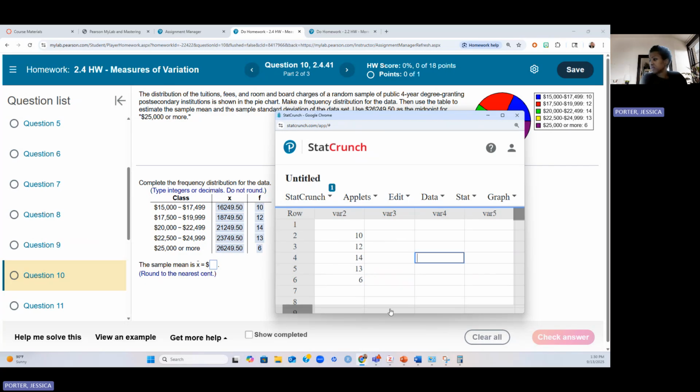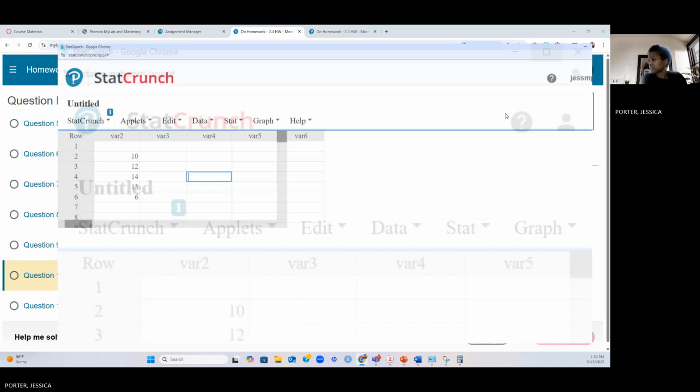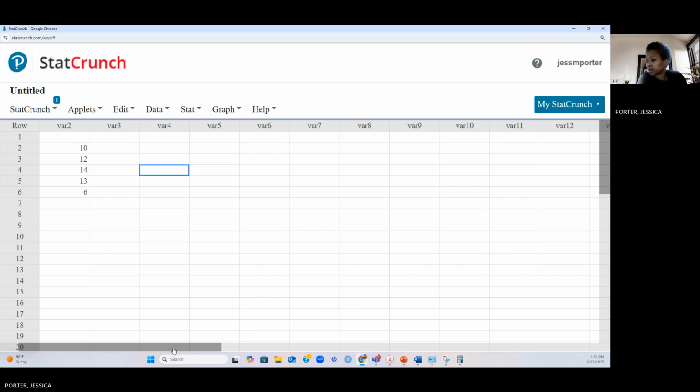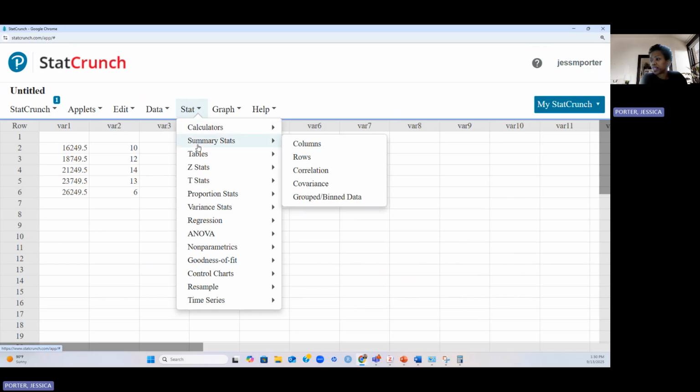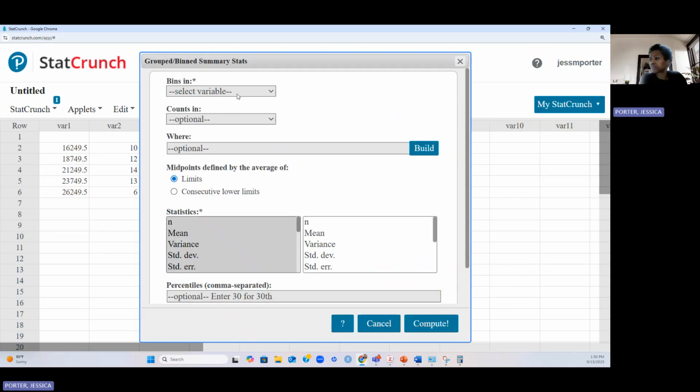So what I'm going to go to is Stat, Summary Stats, and then Grouped/Binned Data.